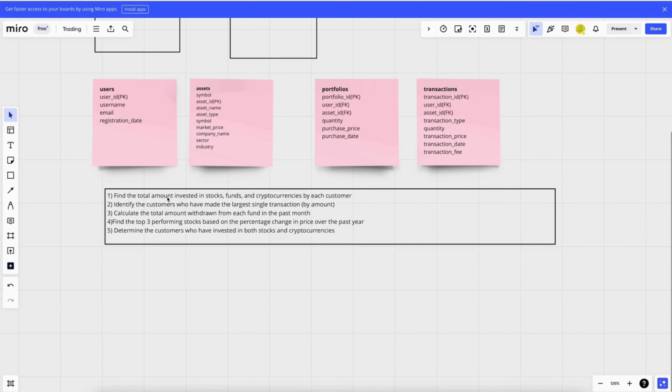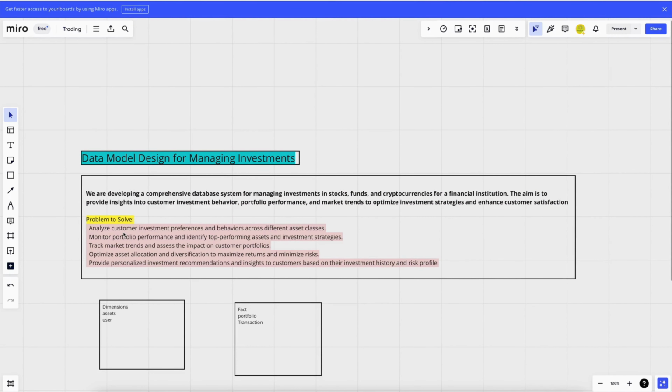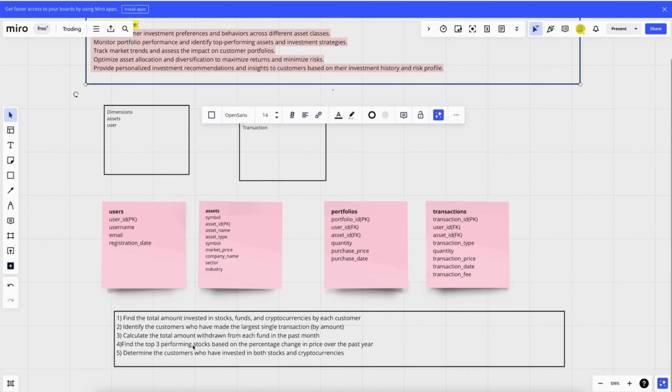So usually these SQL statements will again be tied back to the problems they are asking us to solve. Here they just provided at a very high level what they need from this business use case, and based on that, we identified our dimension tables and fact tables. And once we have our dimensions and facts, they will provide us the actual SQL statements, and how we are going to tackle them.